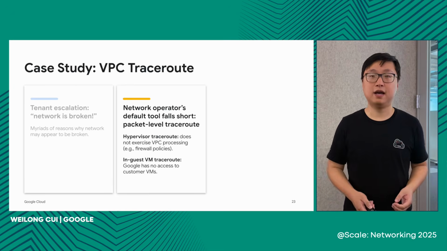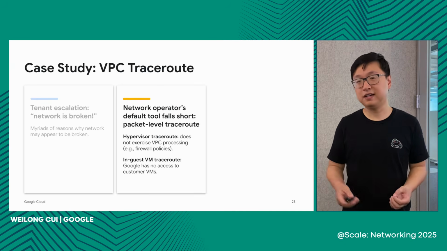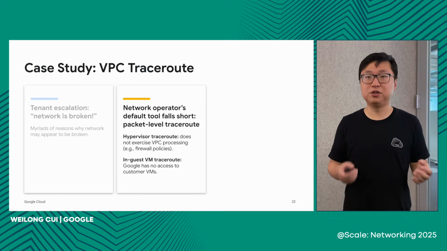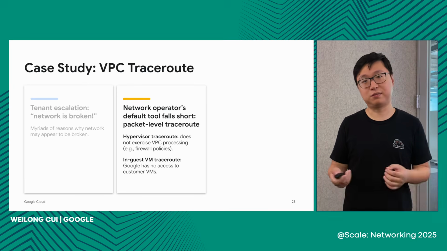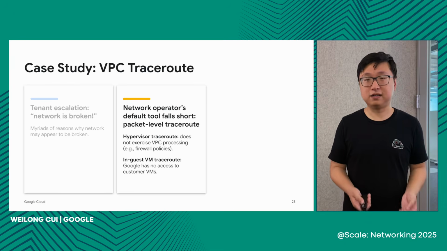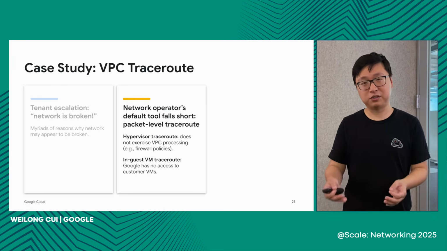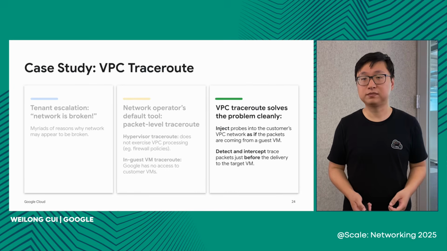On the other hand, we can do in-guest VM traceroute. This is the most authentic data path, but the problem is Google does not have access to our customer's VM, and it is not tractable or scalable if we have to ask our customer to do this on every occasion.